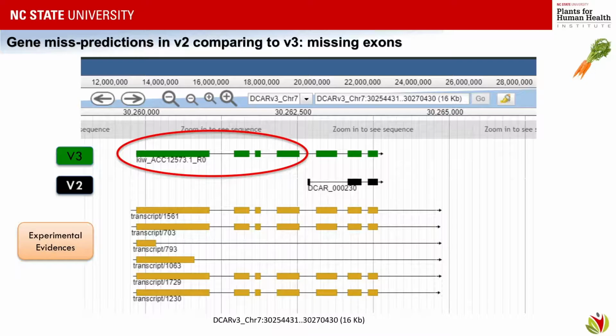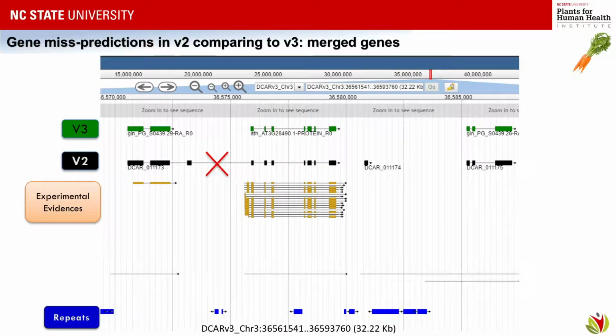As you see, the gene is partially predicted, and a lot of exons are not even predicted. We have the experimental evidence, so we are sure this is a correct structure, and multiple records are confirming that. In another example, this gene was predicted as one gene, but actually these are two genes that were linked together, and we have experimental data confirming that in Iso-Seq and also in Illumina.